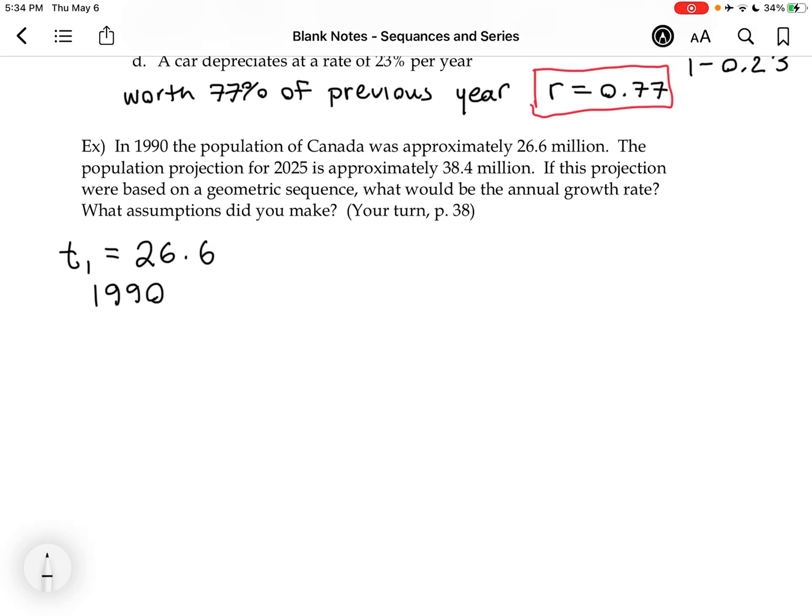Population for 2025 is approximately, or the projected population for 2025, because 2025 hasn't happened yet, is 38.4 million. Okay, so this is 2025. And we have to figure out what n is for 2025.